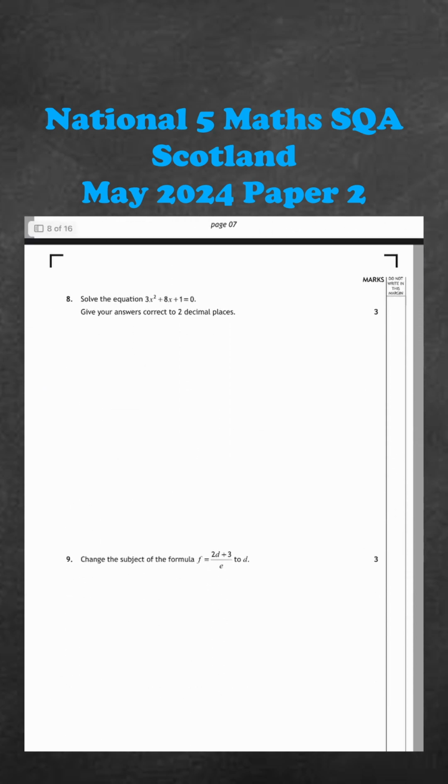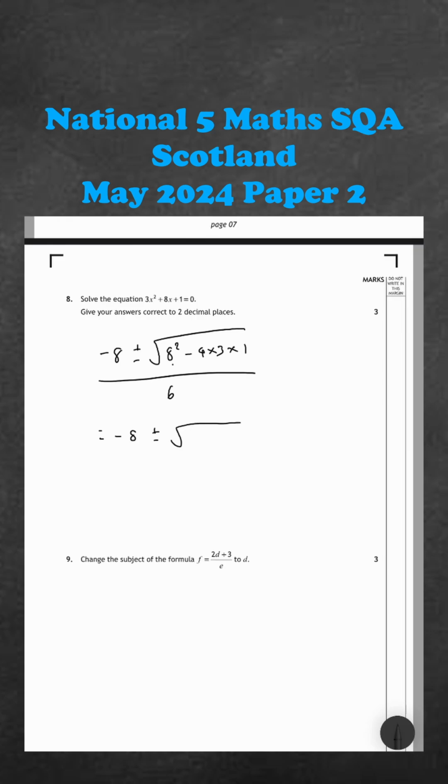Question number 8. Solve the equation 3x squared plus 8x plus 1 equals 0. Give your answer correct to 2 decimal places. We're going to use the quadratic formula here. So minus b is minus 8 plus minus the square root of b squared minus 4ac all over 2a. So this is just going to be minus 8 plus minus the square root of, this is 64, this is 12, so the square root of 52 over 6.